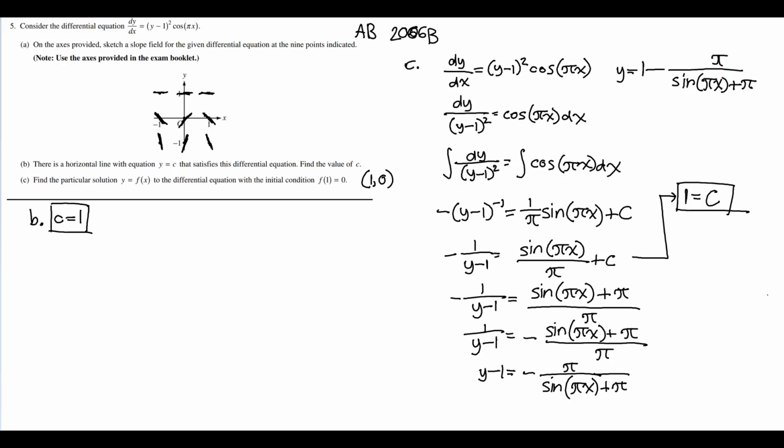And that is the solution. That is our particular solution to the differential equation with that initial condition f of 1 equals 0. And we're done. It was not super hard, because as long as you know how to separate the variables and solve for a constant of integration, these questions are really not that hard.